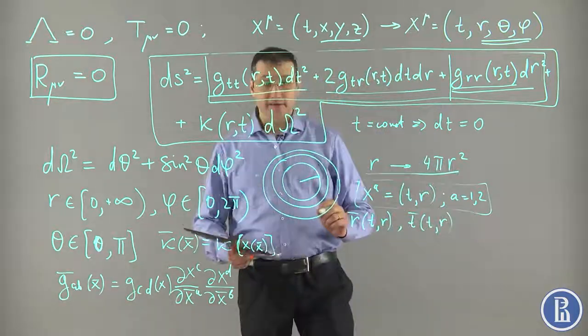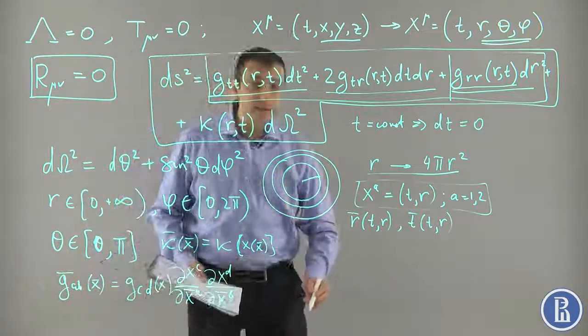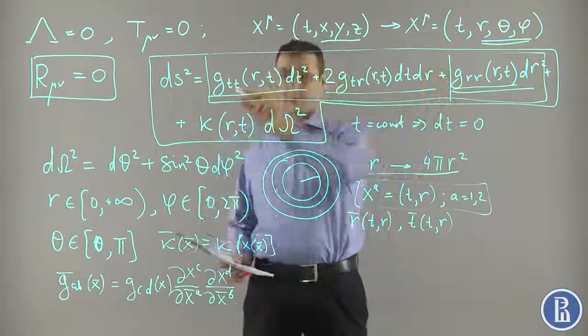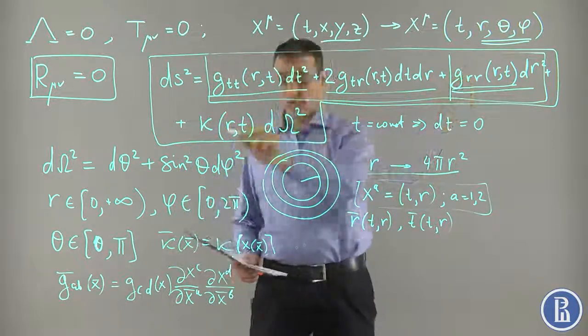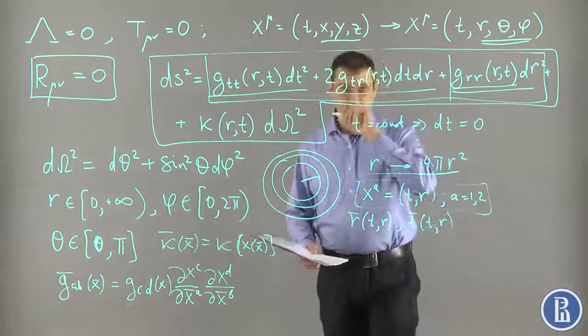These two functions can be used via this transformation to fix two out of these four independent functions. So we have 1, 2, 3, 4 functions. So using these two functions, we can fix two out of the four.